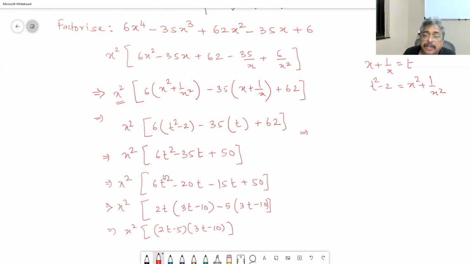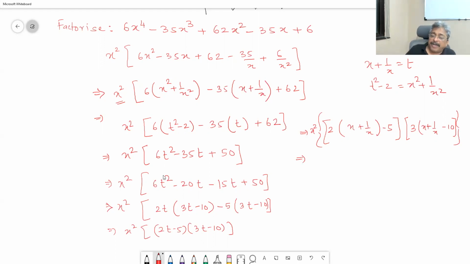Now it is time to put t equal to x plus 1 upon x. So 2 into x plus 1 upon x minus 5, this is the first bracket, and the second bracket is 3 into x plus 1 upon x minus 10, and x square outside. Now if I give one x to this bracket and another x to the other bracket, we will get rid of the denominator.